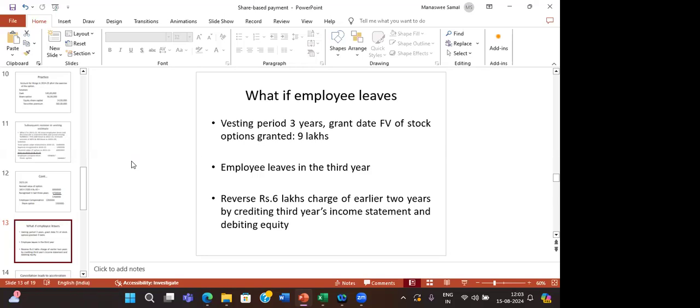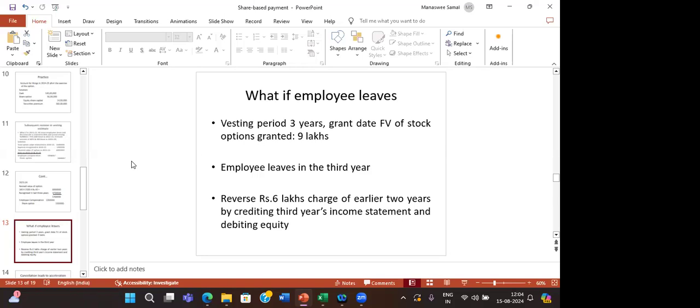But now you understand that that value will never move because this person is leaving, and I have already accounted for the charge. But this value will never move to this employee. Therefore, I just need a correction in my cumulative profit figure. So hence, I'm just reversing this entry.